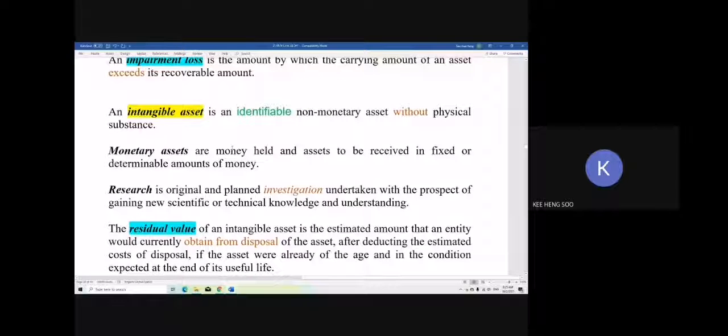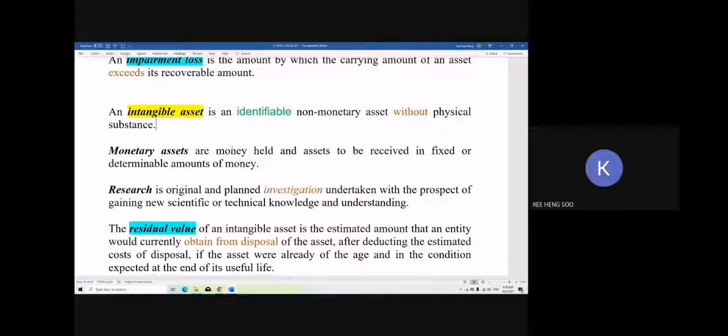I remember the example I gave you: I bought a computer for 2,000 ringgit, one whole set with the CPU, monitor and keyboard. Besides the 2,000 ringgit, I need to pay about 400 to acquire the Microsoft license. I cannot see it inside the CPU. So this is called intangible, without physical substance, but it can be identified and traced. You know what you are paying for.